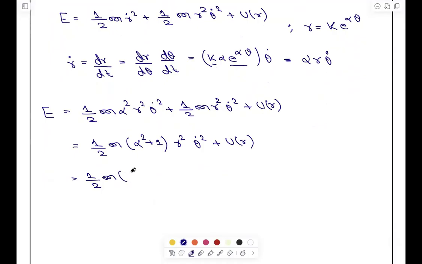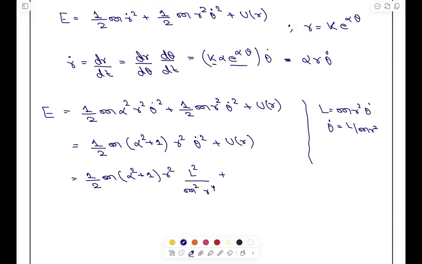So half m alpha square plus 1 r square. What is theta dot? I have just written this thing, that L was constant and the value of L was m r square theta dot. Value of theta dot will be L upon m r square. So you can plug this value here. It will simply become L square upon m square r to the power 4.